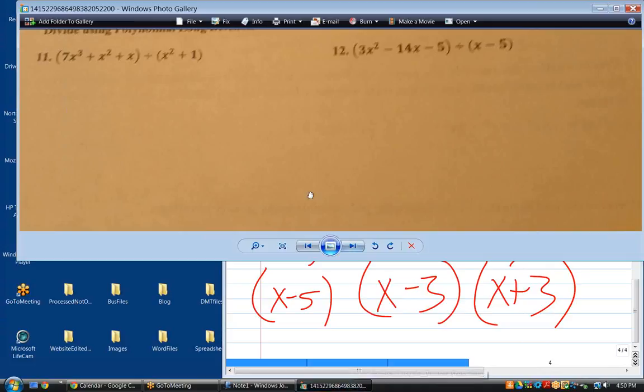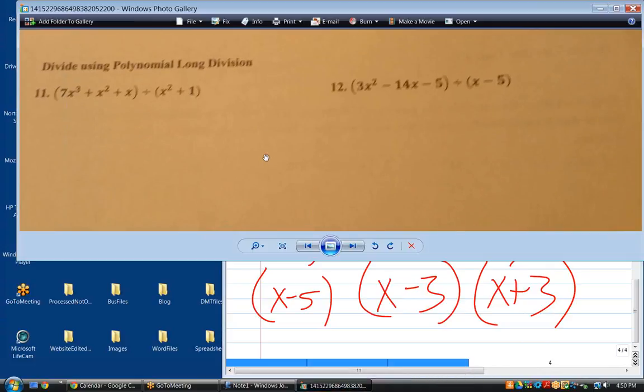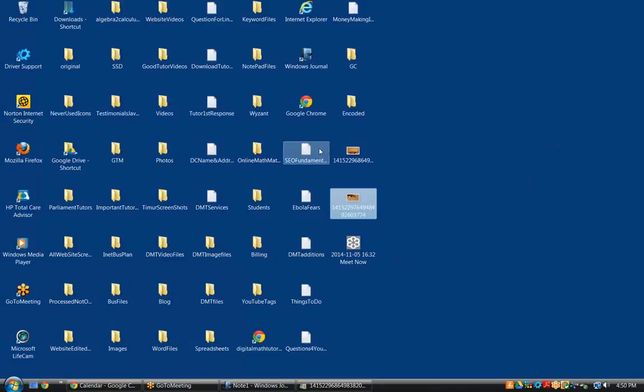Just want to look at this question again. I'm going to put that into Wolfram Alpha and see what it spits out.